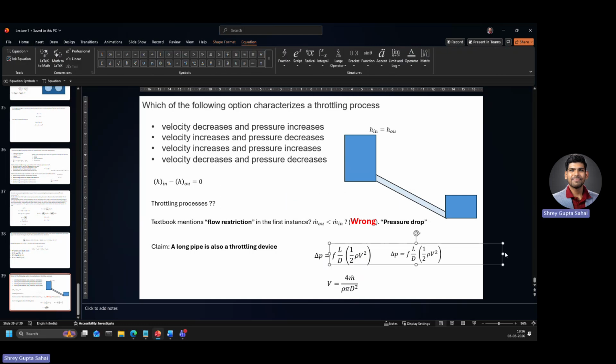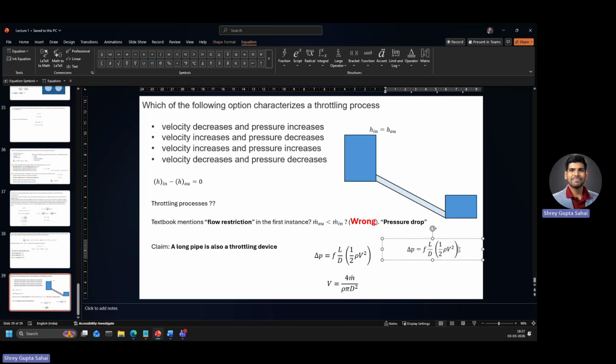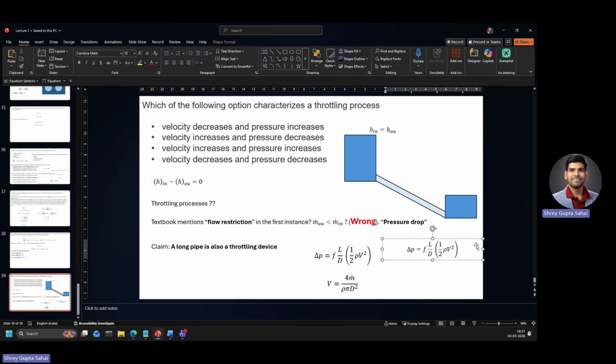What I'm trying to do here is, generally you will read the term flow restriction, and then they will throw in pressure drop, temperature rise, enthalpy is constant and all those things. I'm just trying to first motivate why flow restriction is coming. That is an important part.